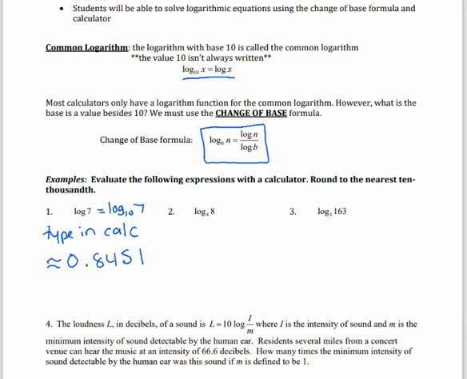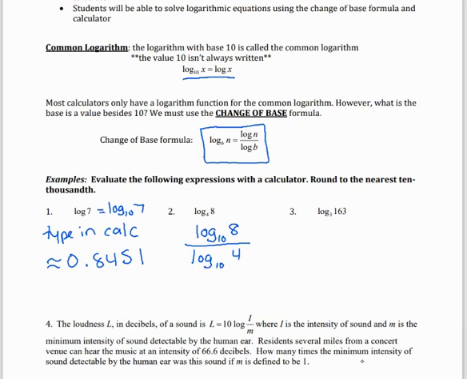However, let's do number 2. Number 2 says log base 4 of 8. That does not have the base 10. So in your calculator, you're going to use the change of base formula, which is log base 10, or log of nothing, of 8, all over log base 10 of 4.